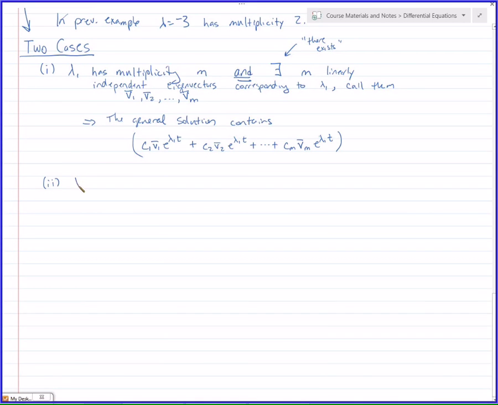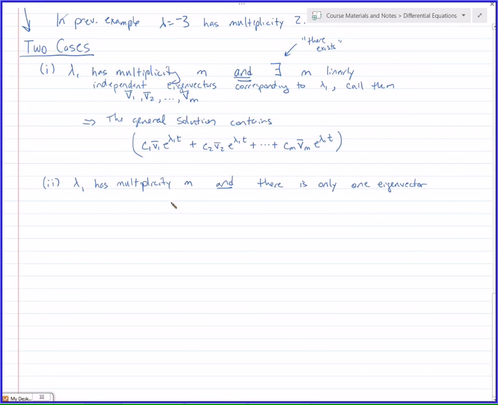Let's say lambda 1 has multiplicity m, and there's only one eigenvector. Actually, there's a third case, which is a combination of these two, but we'll save that.